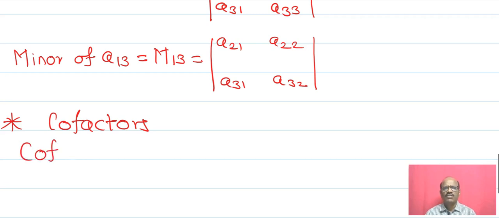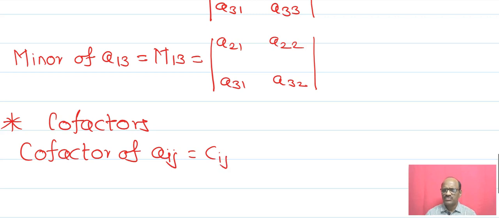That is the cofactor of Aij is equal to Cij. The cofactor is denoted by Cij, equal to -1 raised to i plus j into Mij.